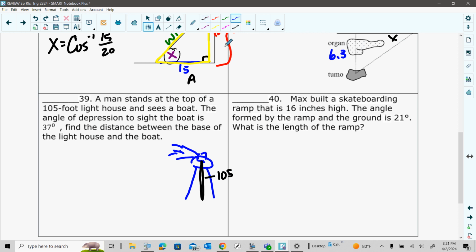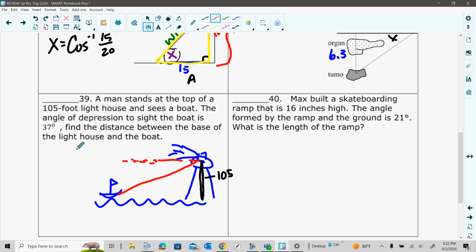What we have is a boat out on the water, and we know the angle of depression. So if I'm looking down to that boat, it's 37 degrees. Well, depression is below a horizontal line, so you have to think of an imaginary horizontal line right here.